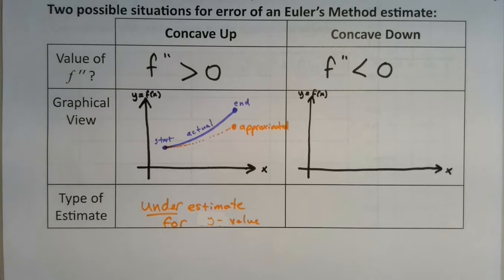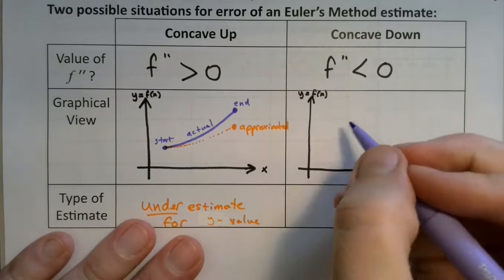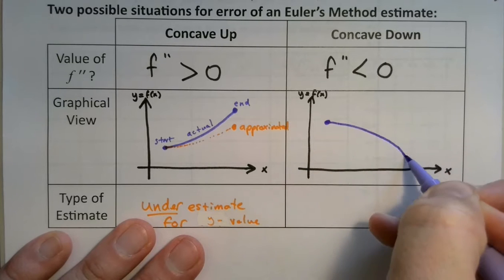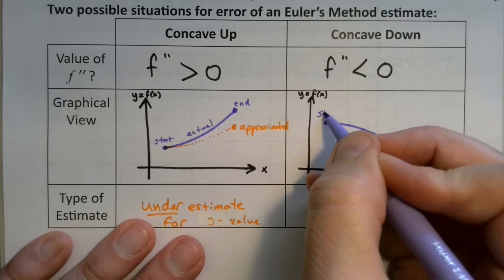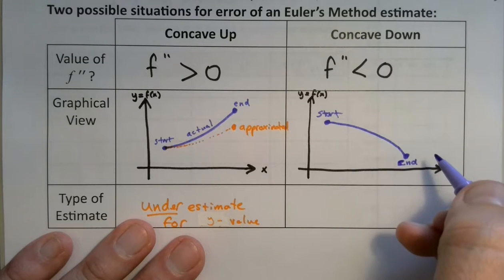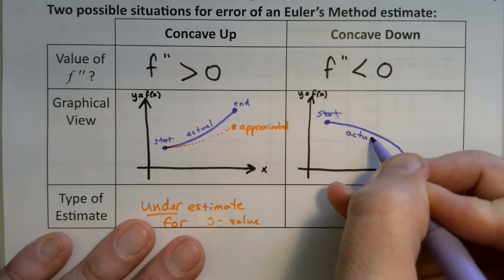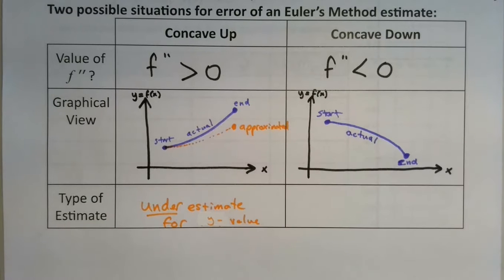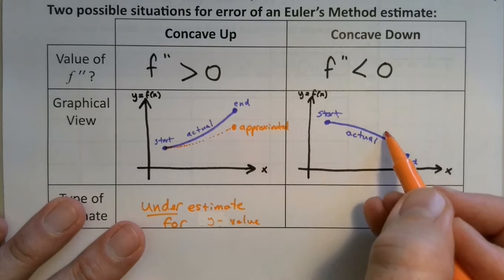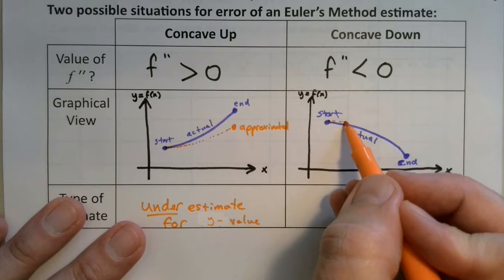And likewise, but in the opposite direction, if you imagine a concave down curve, that means you might be starting somewhere like here, and the curve is going like this. And this could be your start, and this could be your end, and this is the actual curve. And so your approximation along the way, because you're going to be taking a step away and then following the path, you're always going to be going a little bit outside.